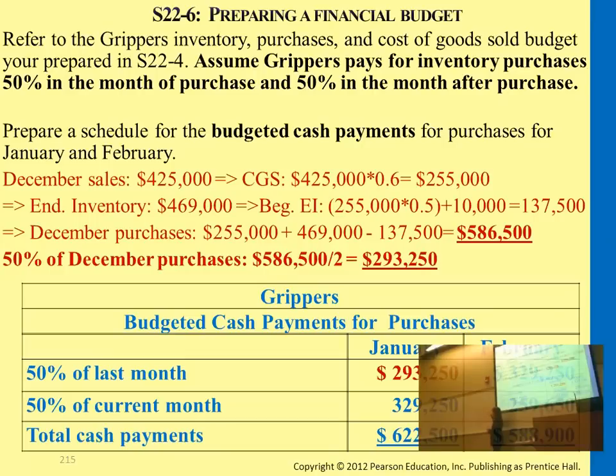You can get this from the given sales. Ending inventory is based on January's cost of goods sold, right? And then you figure out beginning inventory based on December's own cost of goods sold. At the end, you can get to December's purchases, and then half of it you're paying in January.